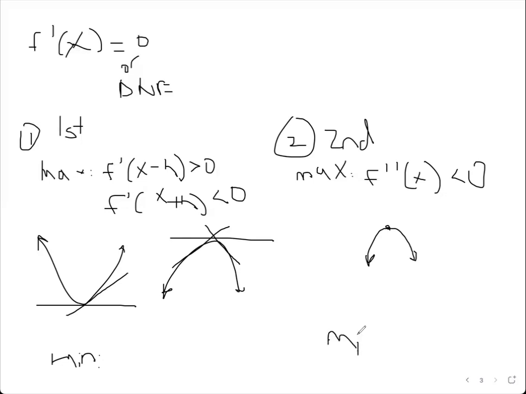A minimum is if it's concave up and f prime of x equals 0 or does not exist. So these are the two cases, and the second derivative test tells you based on concavity. So the second derivative test is usually easier because you only have to find one thing rather than two different values. But depending on if the second derivative is a very complex function, you might want to stick with the first derivative. So let's do an example.